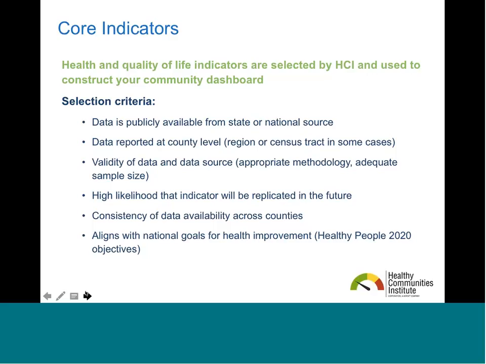The framework for our indicator selection when choosing that core list is based on the Health and Human Services Healthy People initiative. We try to align our indicators as best we can to a number of the Healthy People 2020 benchmarks so that you can track your community's progress against those national targets. We'll see some of those up on the site today.